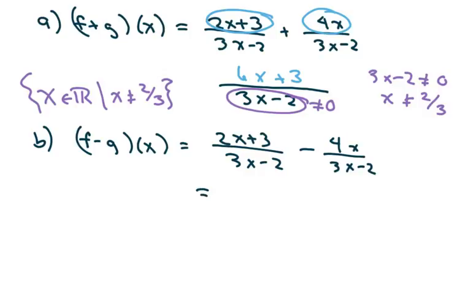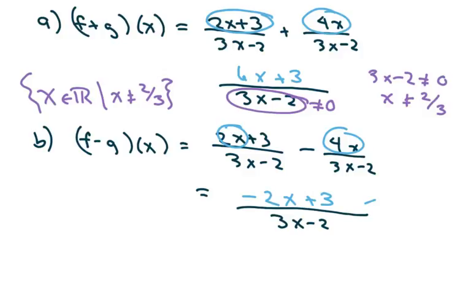And we have the same denominator, so that's nice. We're going to just subtract. You get negative 2x plus 3. Don't have to worry about the numerator, and it's the same domain as before. So x is all real numbers such that x cannot be 2/3, or it's everything but 2/3.